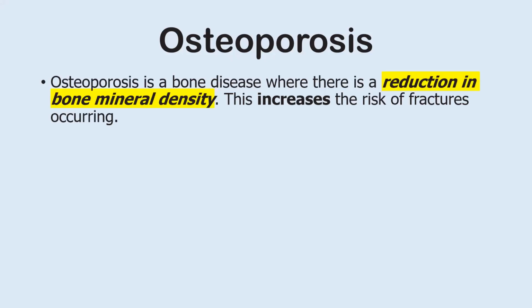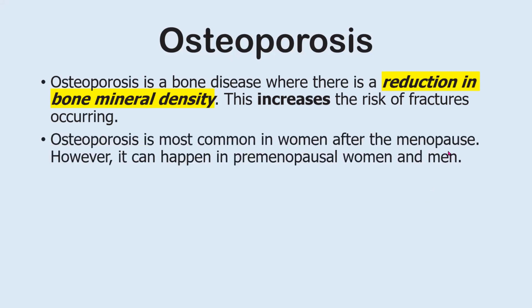Osteoporosis is a problem for many people where there's a reduction in bone density. And of course, the less dense the bone is, it's very easy to fracture the bone. People say the bones have thinned, which is actually what happens.